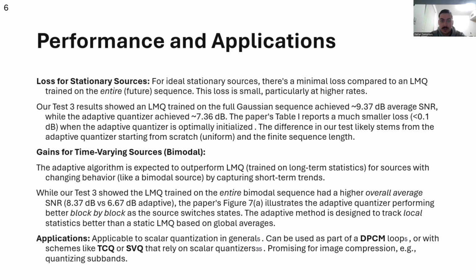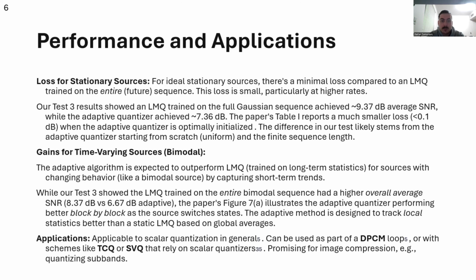While our test 3 shows the LMQ trained on entire bimodal sequences had a higher overall average SNR of 8.37 versus 6.67, the paper's Figure 7a, which is our test, also generated figures for, illustrates that the adaptive quantizer performs better on a block-by-block basis as the source characteristics change, demonstrating its ability to track local statistics more effectively than a static LMQ.